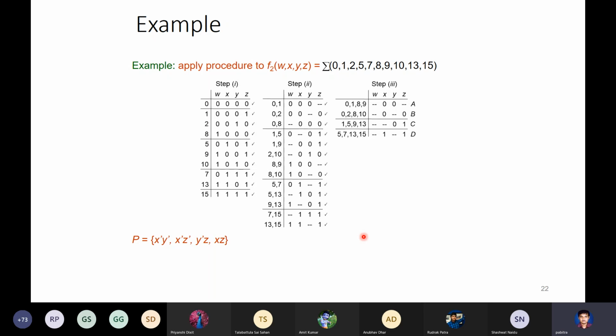Okay, let us draw this Carnot map. These 4 variables. So it cannot be reduced anymore? Yeah, these are the largest cubes that you could have formed. So let me try to draw it.